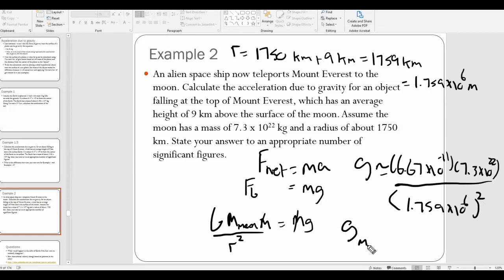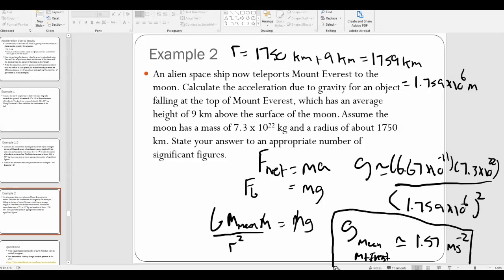Okay, and so g on the moon, well, not quite on the moon, on Mount Everest, which is teleported to the moon, is approximately equal to 6.67 times 10 to the negative 11 times 7.3 times 10 to the 22 divided by 1.759 times 10 to the 6 squared. And once again, I have forgotten parentheses. All right, and I get about 1.57 meters per second squared, which is what you should have gotten for example 2.